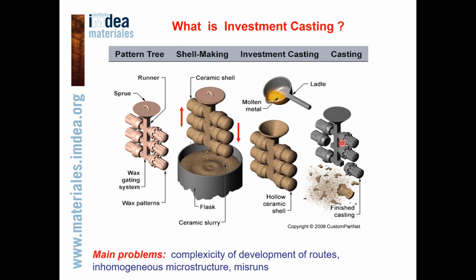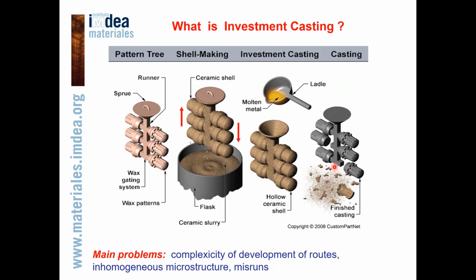As one can see, this is a very complex processing route, and the investment casting results in a very inhomogeneous microstructure over the complex shaped parts, since the solidification conditions vary significantly due to the complexity of shape of these parts.